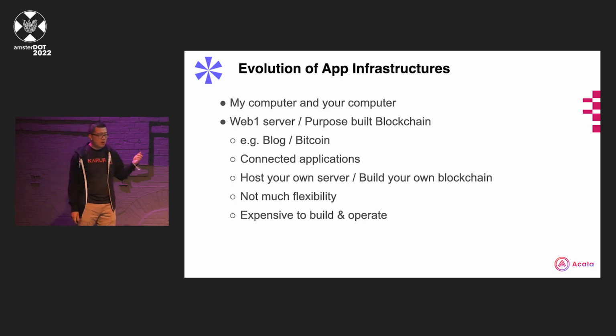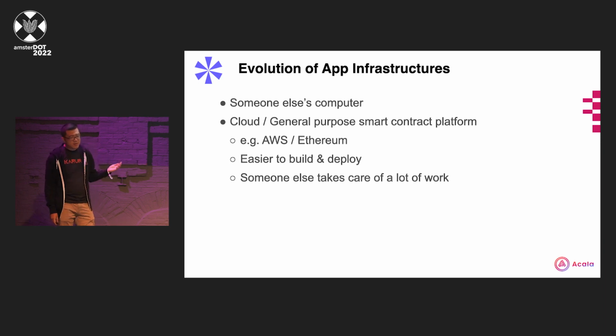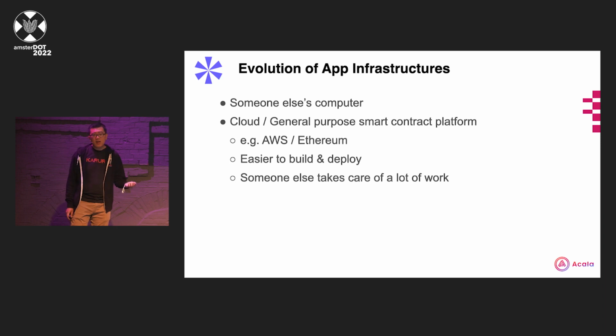And then, not everyone would like to operate their own server. Similarly, I don't know if anyone wants to operate their own blockchain. But that's one reason why we have clouds. Basically, it's someone else's computer, and they manage things for me. I can finally write my application, provide a bunch of configurations and a credit card, and then have my application deployed on AWS in no time.